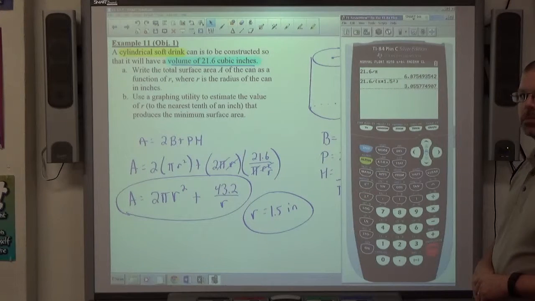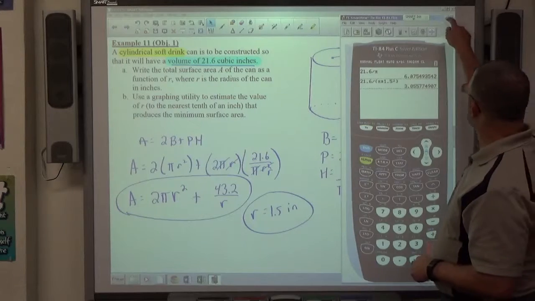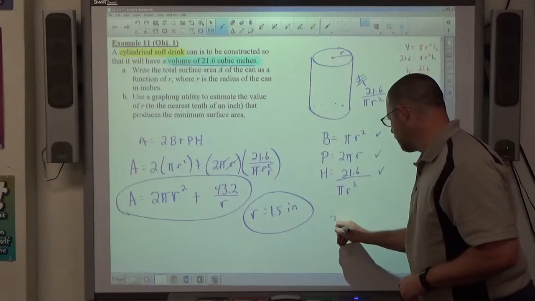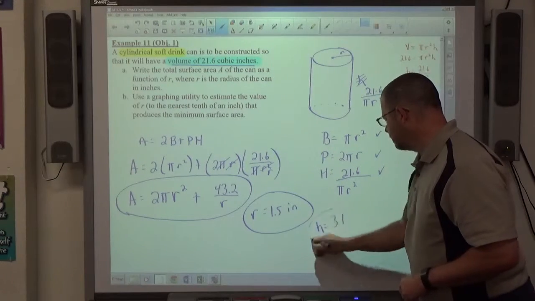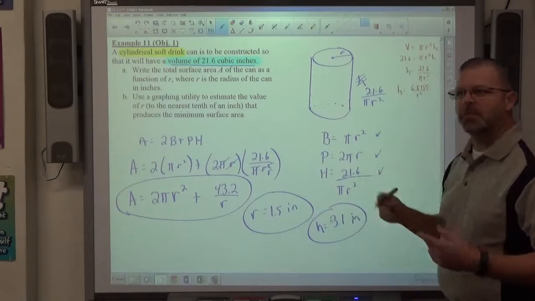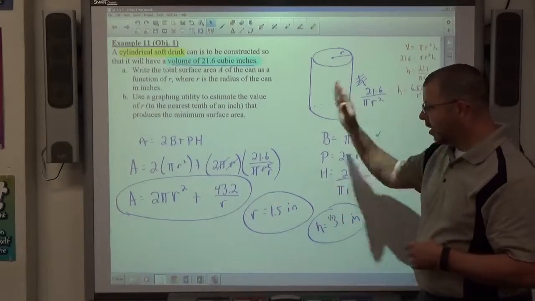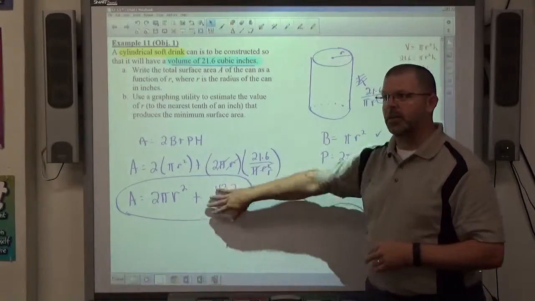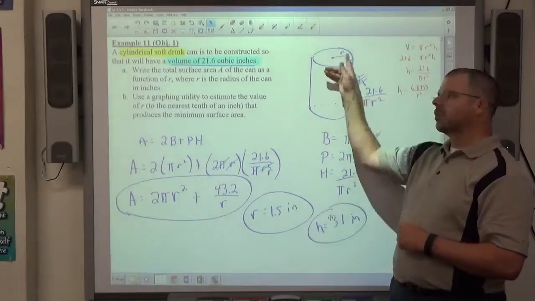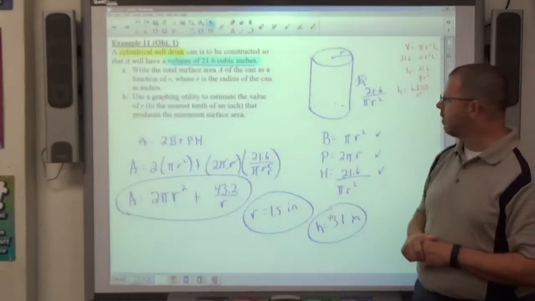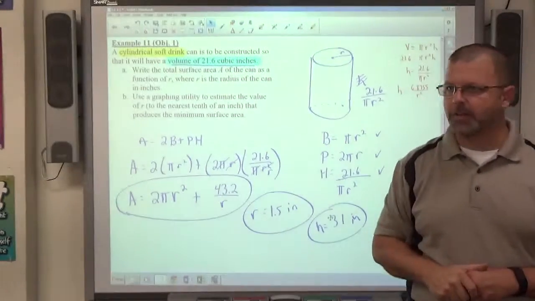That gives 3.06 inches, so 3.1 inches would be the optimal height. They didn't ask for that, but they might. If they do ask for more than one dimension in the final answer, know that you can find the optimal radius here, then use the relationships you set up earlier to find any others.